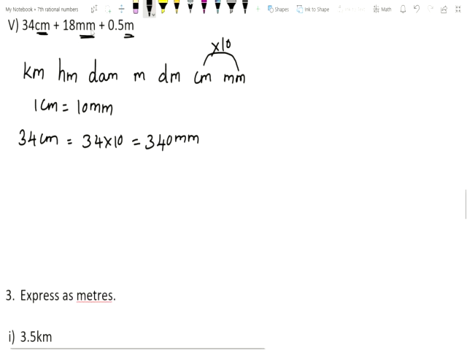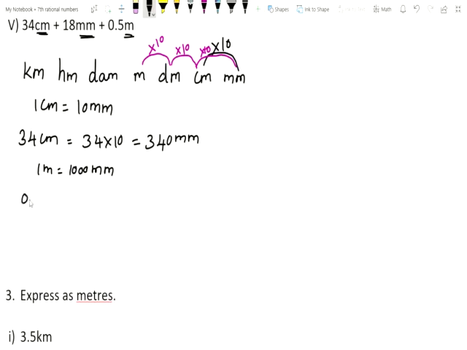Next, millimeter you just keep as it is. This meter we want to change into millimeter. For meter you find out: 1, 2, 3. 3 jumps we want to do, so into 10 into 10 into 10. So what is the relation between millimeter and meter? 1 meter equal to 1000 millimeter.